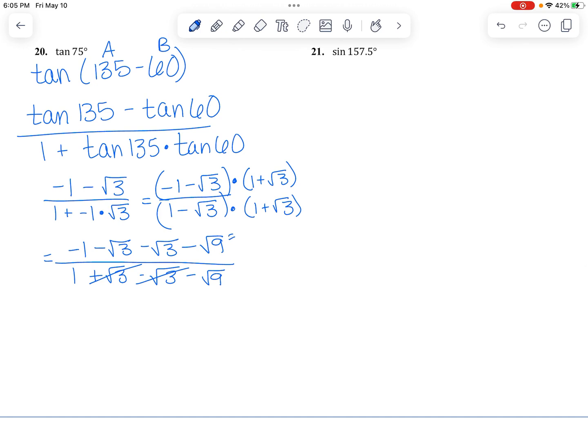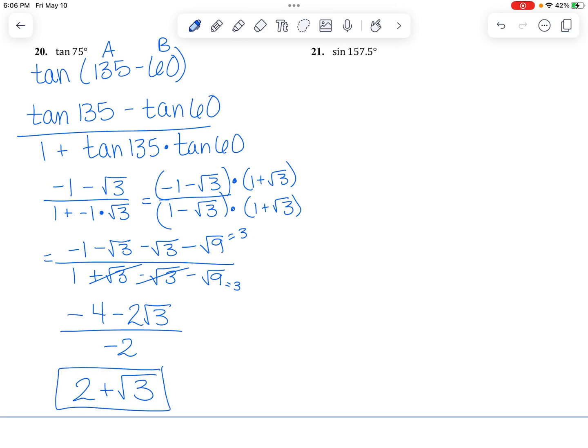Those cancel because they're adding opposites. And I remember that this is a 3 and this is a 3. Negative 1 minus 3 is negative 4. And there's 2 square roots of 3's there, but both negative. 1 minus 3 is negative 2. And since all 3 of those divide by a negative 2, I get 2 plus square root of 3.